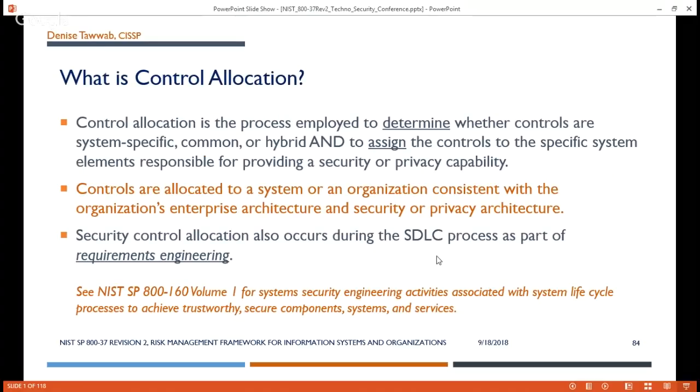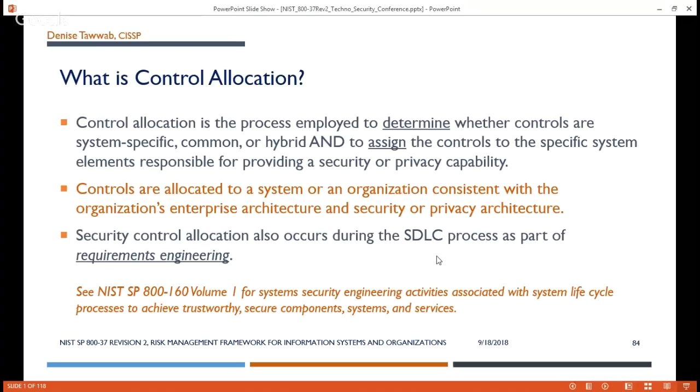Okay, what is control allocation? Control allocation is the process employed to determine whether controls are going to be system specific, common, or hybrid, and to assign the controls to the specific system elements responsible for providing a security or privacy capability. Controls are allocated to a system or an organization consistent with the organization's enterprise architecture and security or privacy architecture.